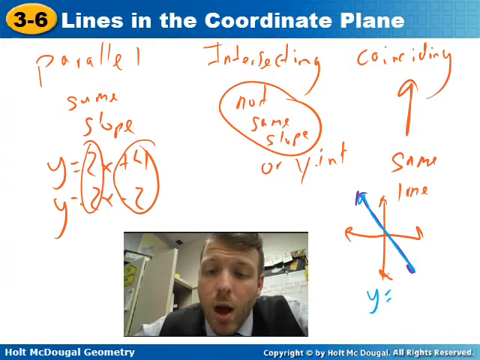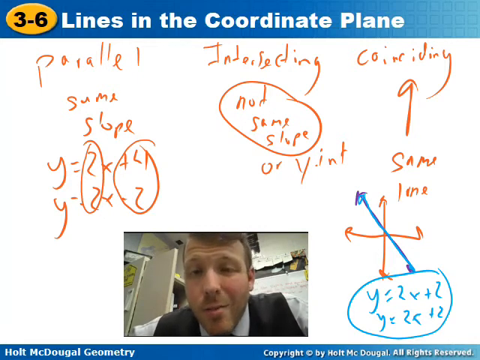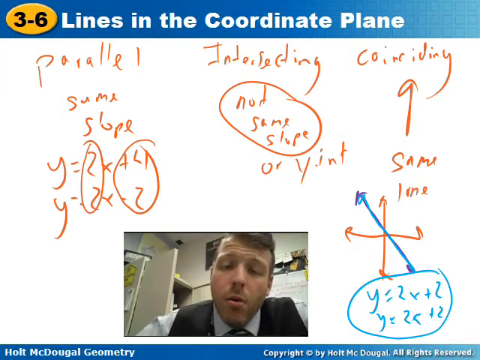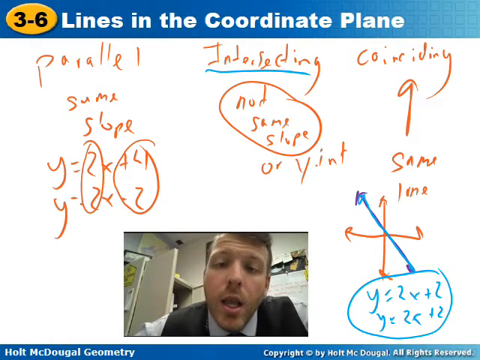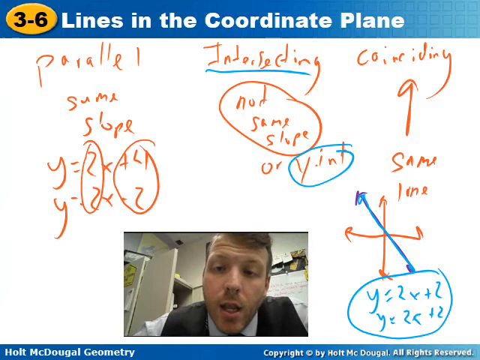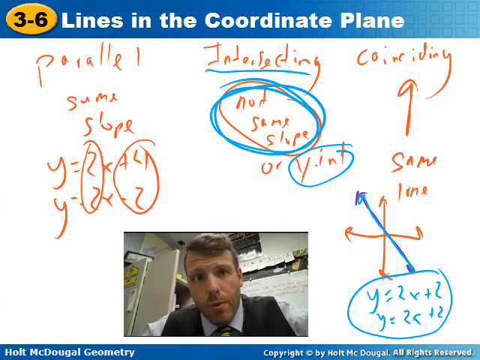So something like y equals 2x plus 2 and y equals 2x plus 2. Those are coinciding lines because they're the same line. Now, going back to intersecting lines, I said it doesn't have to have the y-intercept being different. It can have the y-intercept the same, but it can never have the same slope.